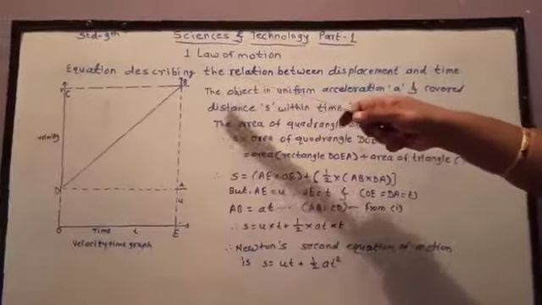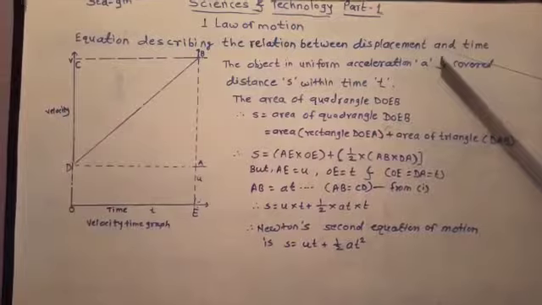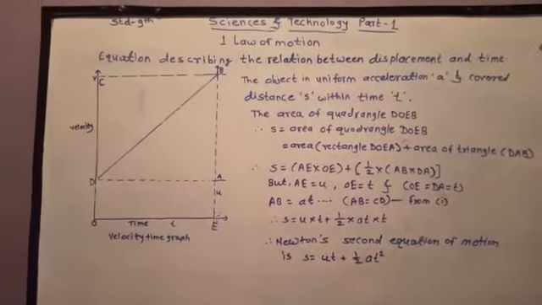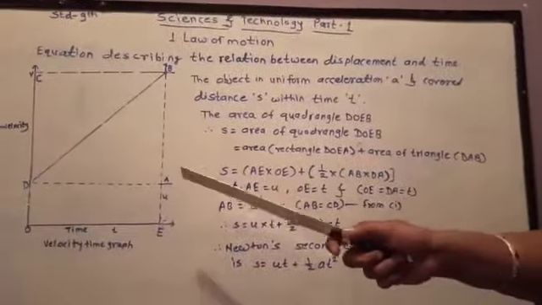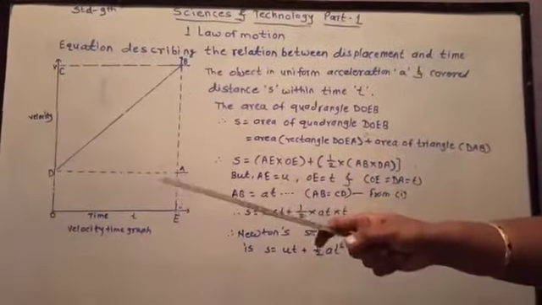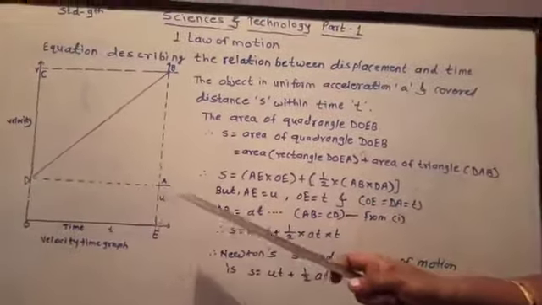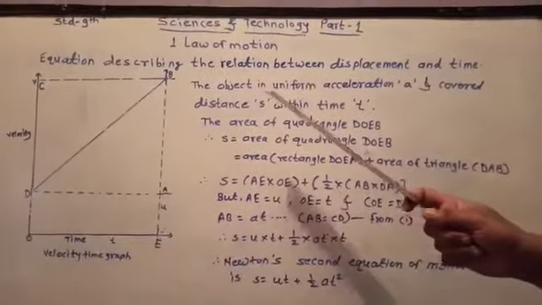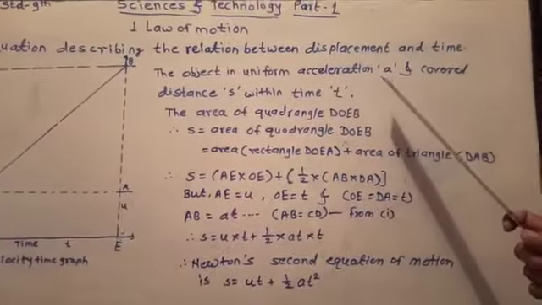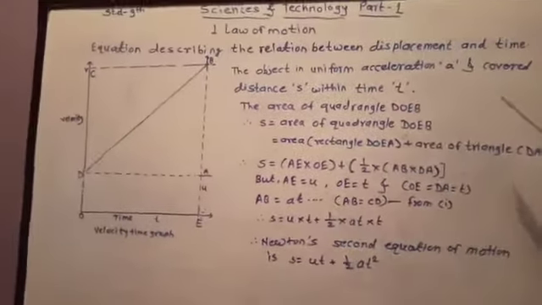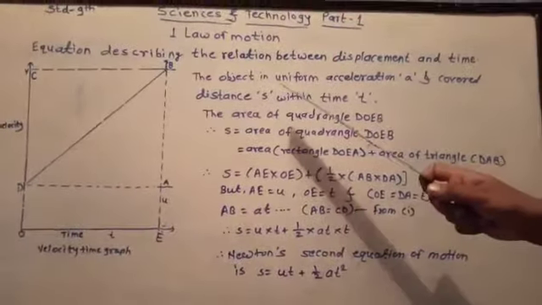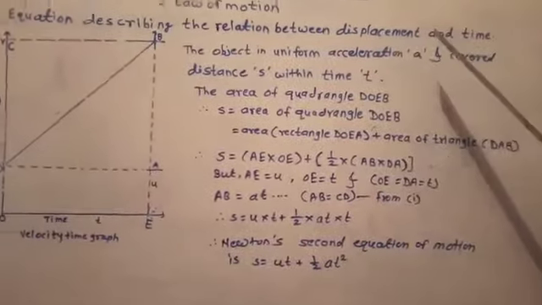Now the second equation, describing the relation between displacement and time. Look at this figure. Suppose an object with uniform acceleration a has covered the distance s in time t.